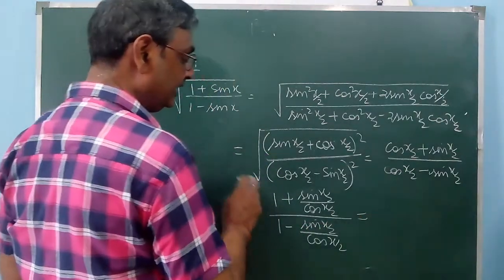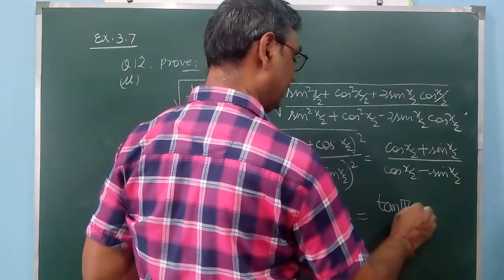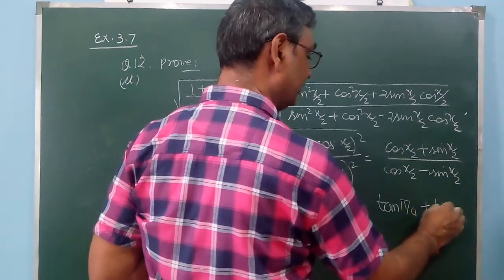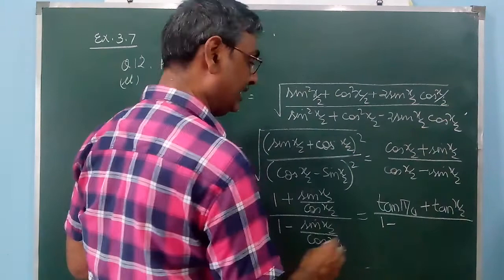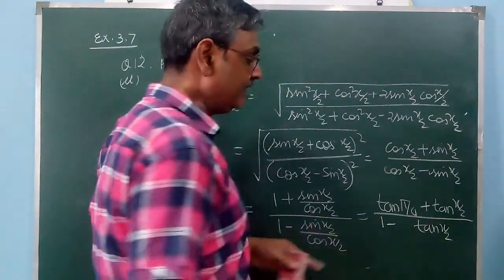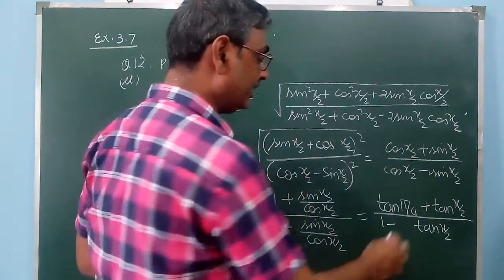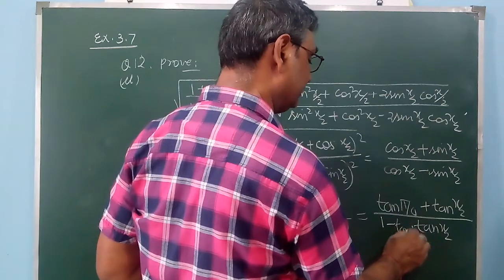Here this 1 we can write as tan pi by 4. Tan pi by 4 is 1. This is tan x by 2. Here this is 1 minus tan x by 2. And if I multiply with 1 here, then it won't make any difference. For 1 I can write tan pi by 4.